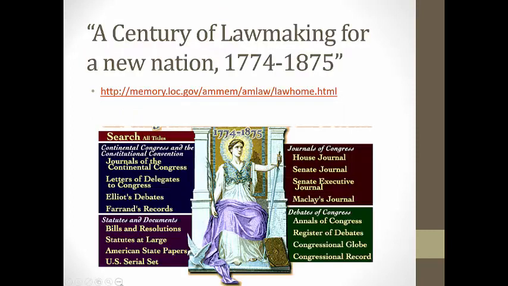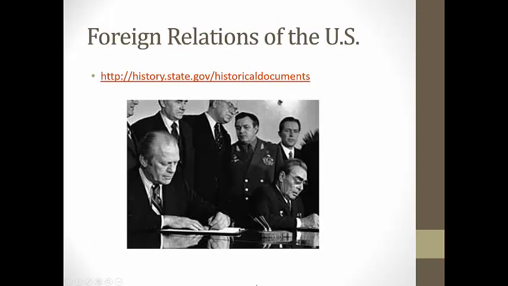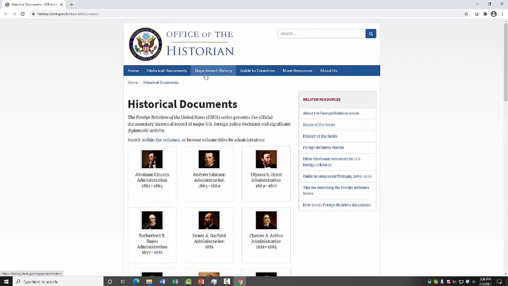Okay, I had already gone over the Library of Congress about the Century of Lawmaking, so let's go to the next slide. This is Foreign Relations of the U.S., at history.state.gov. And here you see historical documents.